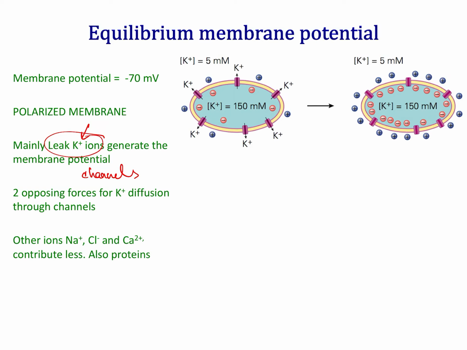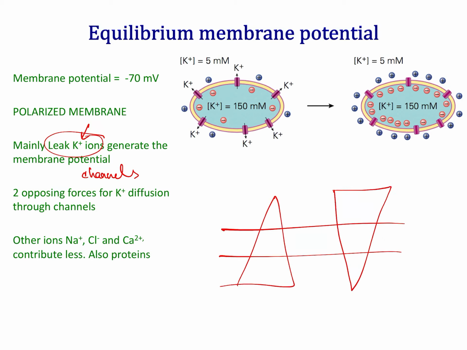One is the chemical gradient. So if this is the membrane, the chemical gradient points in this direction, while the electrical gradient points in the opposite direction. And one can now make a quick calculation of the electrical potential that will be established under this specific concentration gradient.